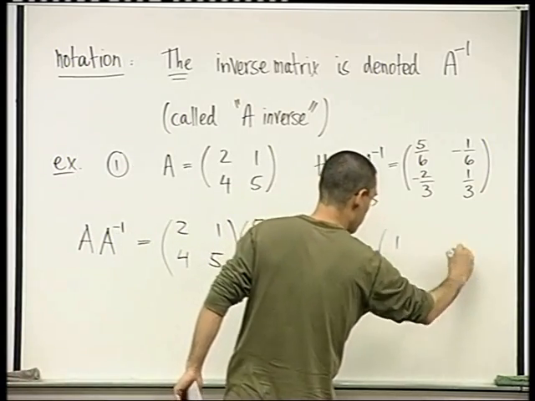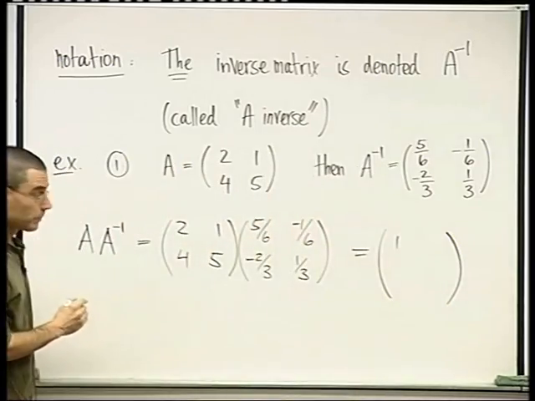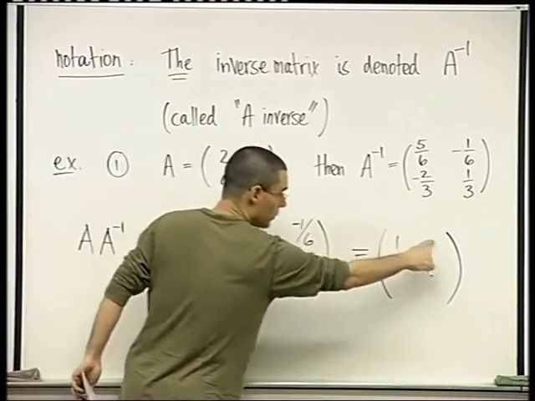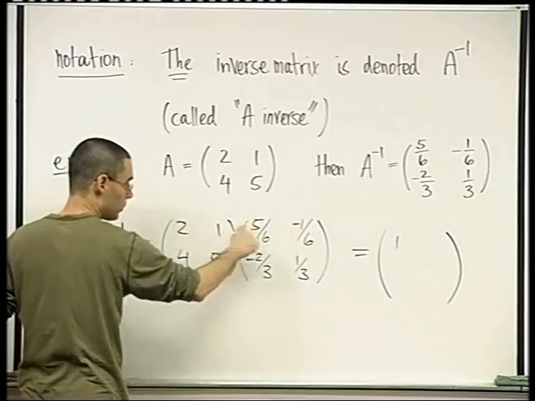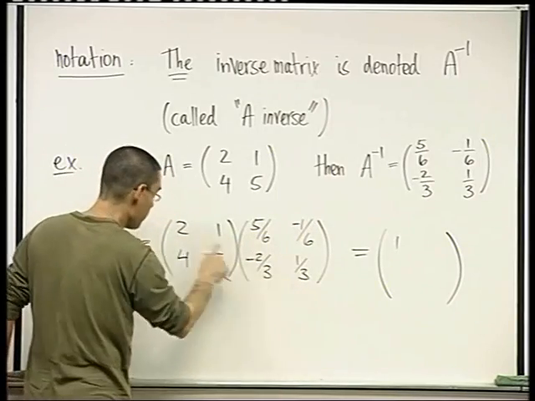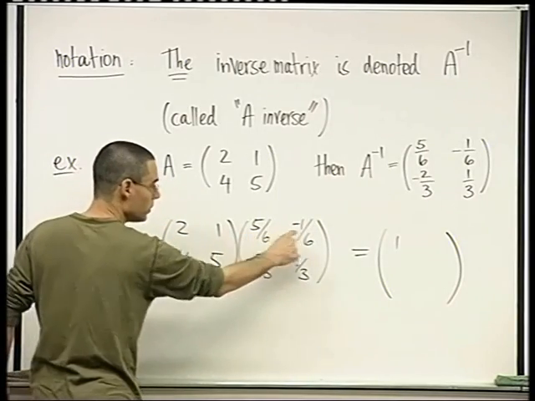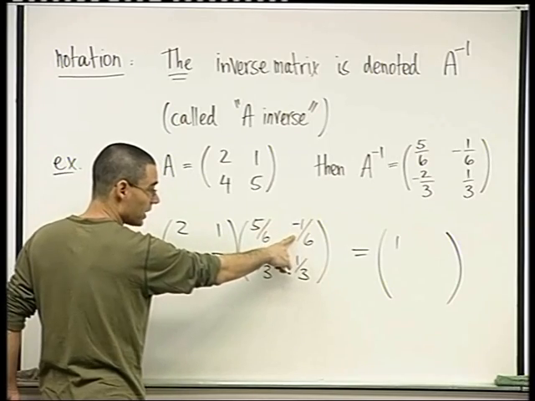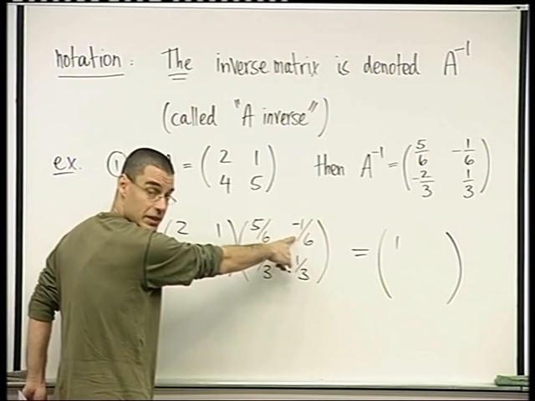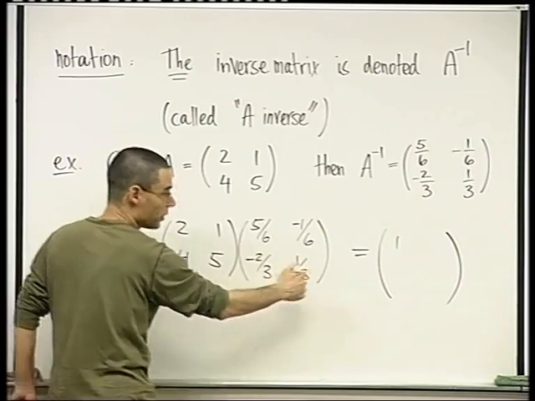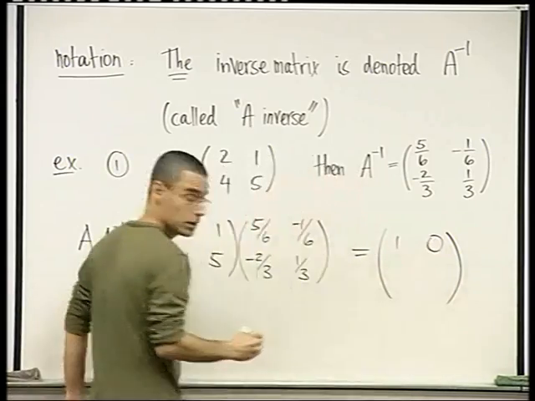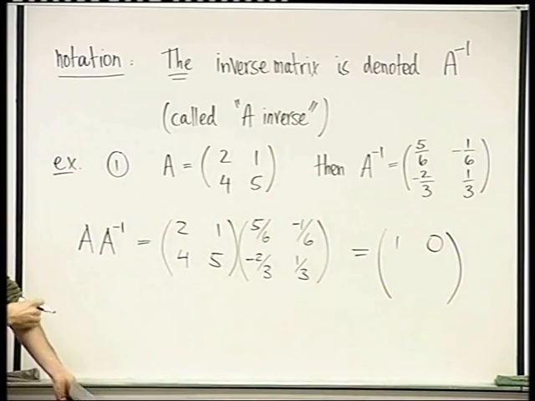So in the 1, 1 coordinate, we get a 1. What about the 1, 2 coordinate? It's this row times this column, right? 2 times negative 1 over 6 is negative 2 over 6, which is negative 1/3, plus 1/3, we get a 0. Good? Everybody remember how to multiply matrices, right?